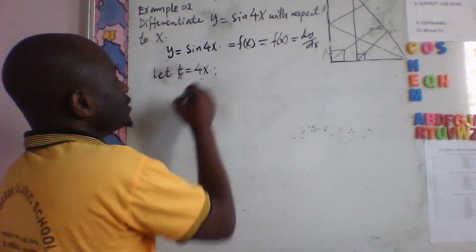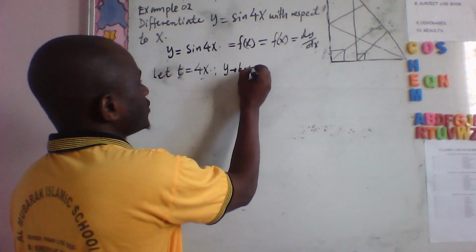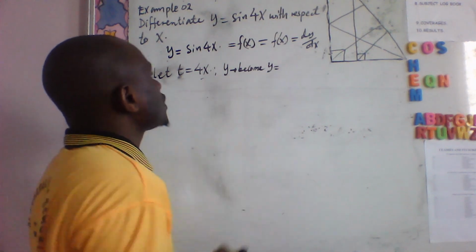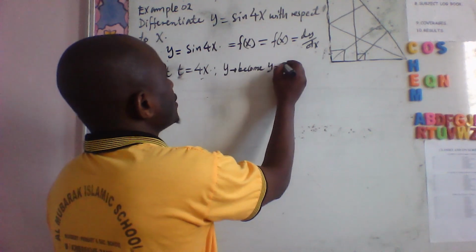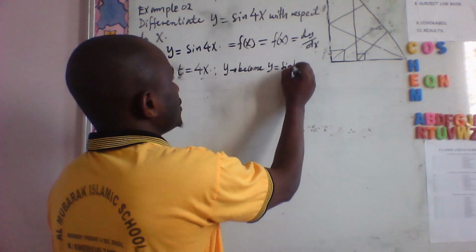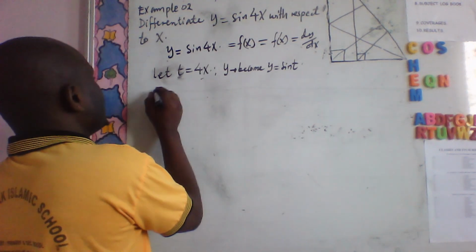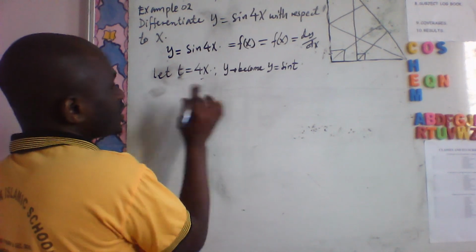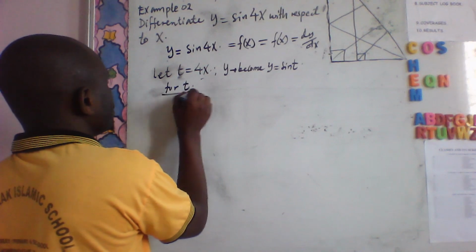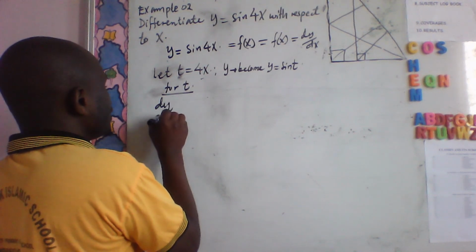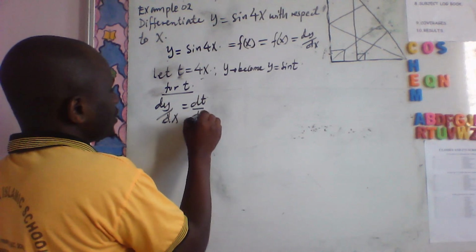So if t is equal to 4x, our function y becomes y is equal to sine t. So let us differentiate for t. dy over dx here indicates that it is equal to dt over dx.